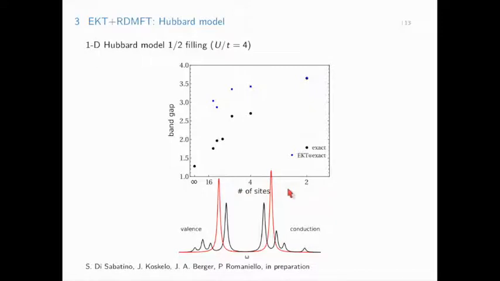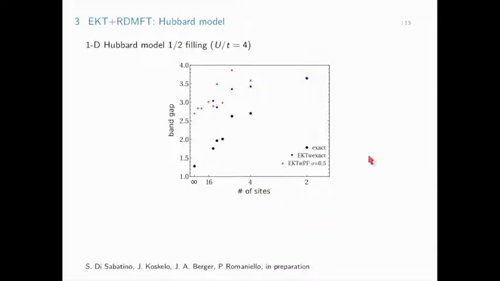However, this overestimation can be compensated when we introduce the extra approximation on the ingredients of the EKT, so the approximation on the reduced density matrices. For example, these are the results obtained with the EKT together with the power functional with alpha equal 0.5. In red, on average, we are very close to the EKT with exact reduced density matrices.